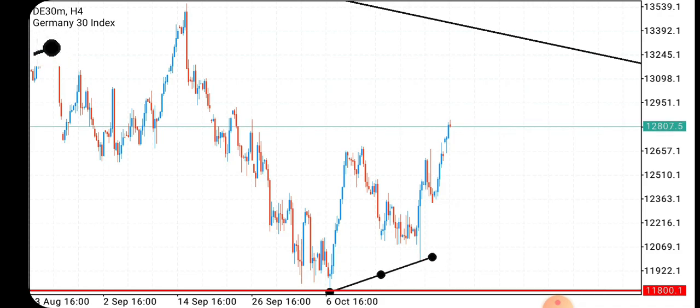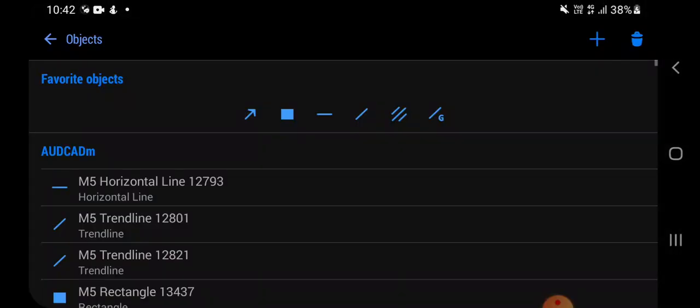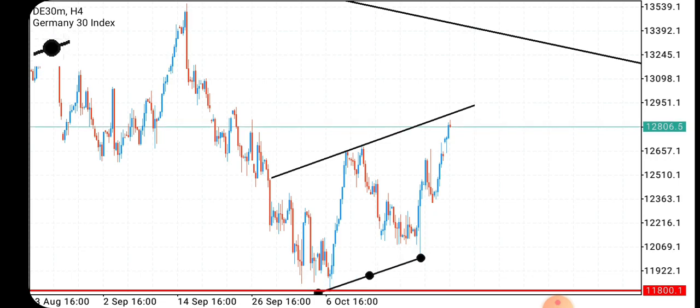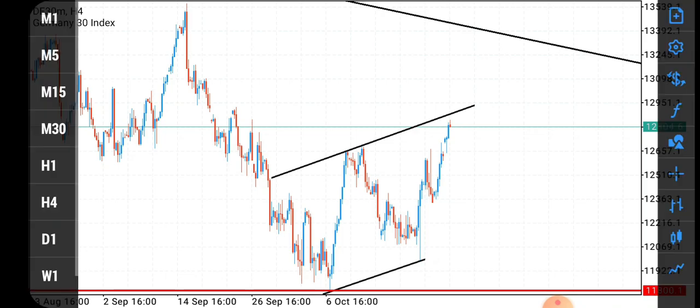To increase my accuracy, I need to make a twin sister of this one and put it around about here. Let me try and extend this one up to this far. Okay, perfect. So right now I can see that we are in an overall bullish market.